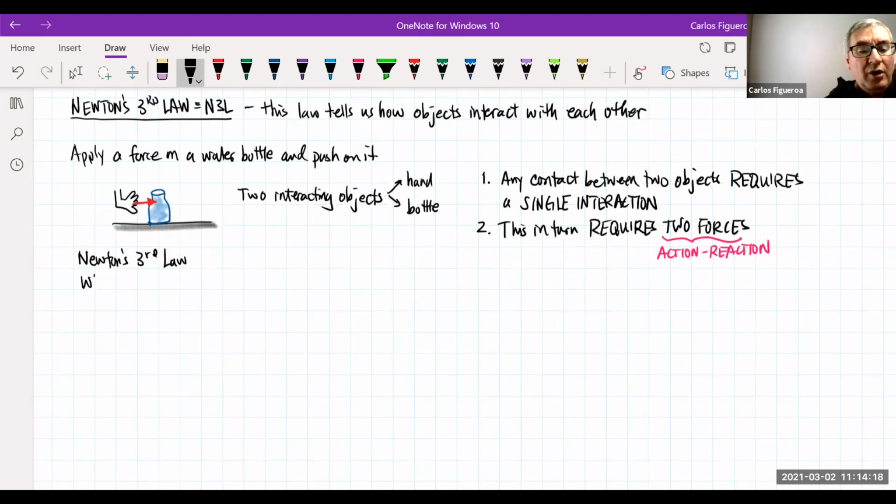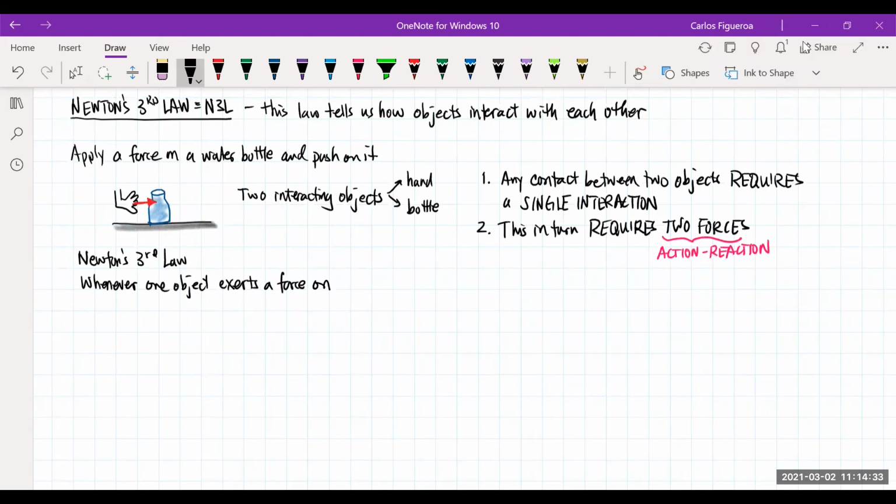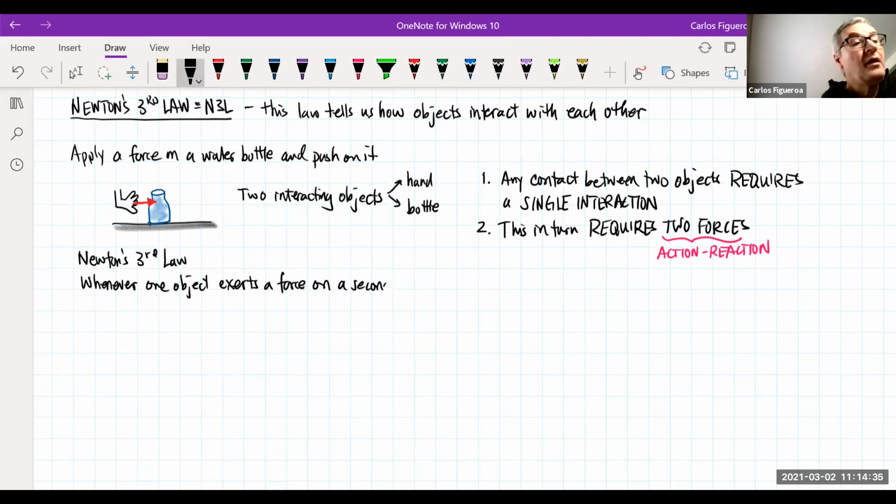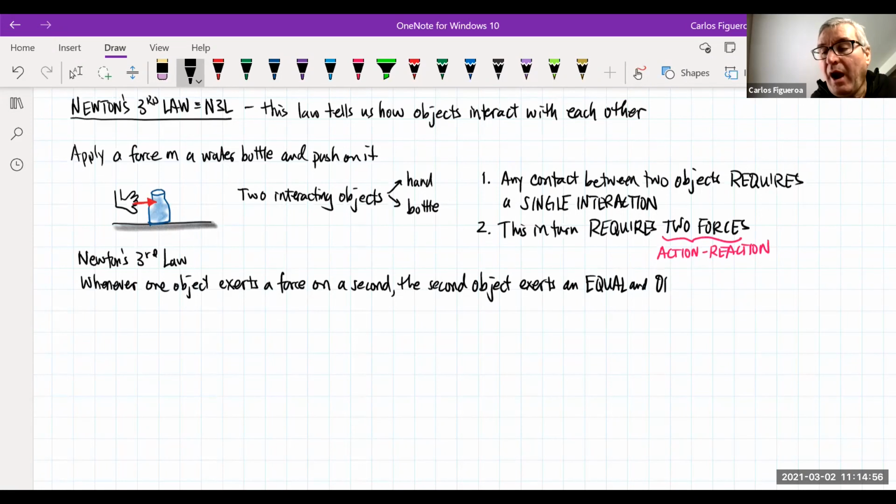It says that whenever one object exerts a force on a second, the second object exerts an equal and opposite force.